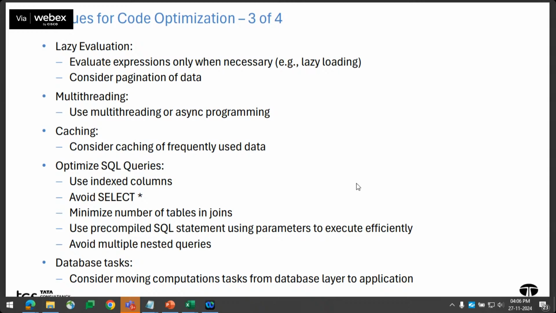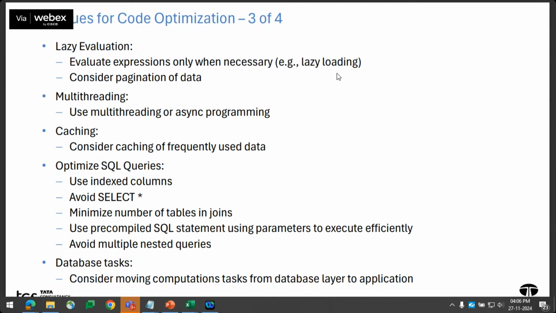Then one more aspect is splitting up the whole monolithic application into multiple services, so that each functional component runs as a separate service. Basically, the microservices architecture.